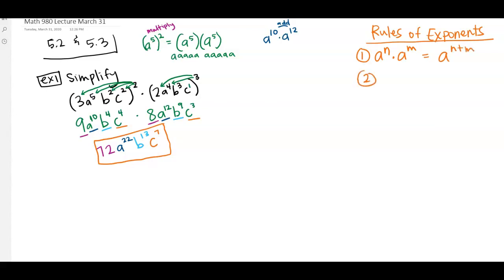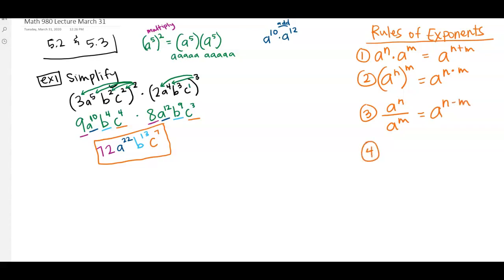When we have a power raised to a power, so a to the n, in parentheses, all raised to the m, then we're multiplying those exponents together. So a to the n times m power. Right? When we have division, something like a to the n over a to the m, so when it's connected by division, then we're actually going to subtract those exponents, doing the top minus the bottom. So a to the n minus m.